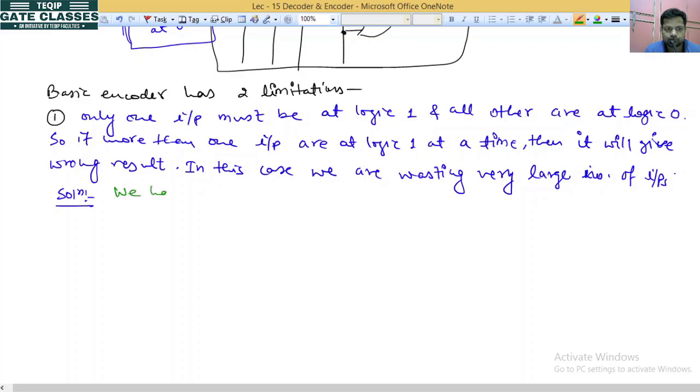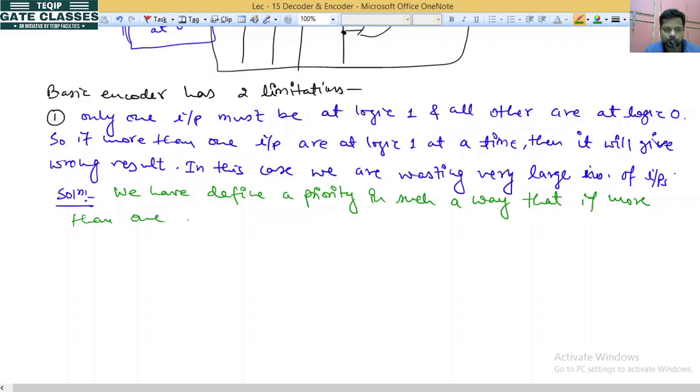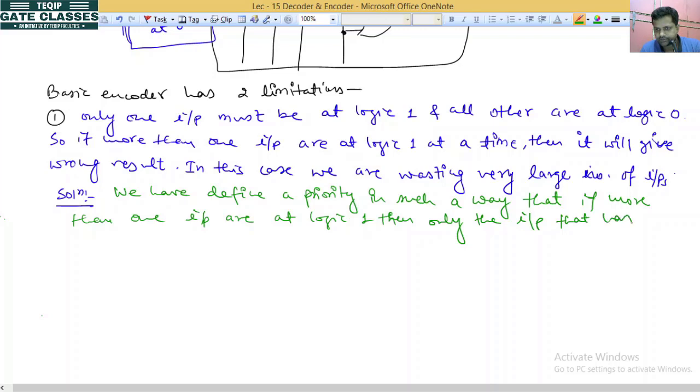We have to define a priority in such a way that if more than one input is at logic 1, then only the input that has the highest decimal value will be encoded at the output. Okay, na? This is the first solution.